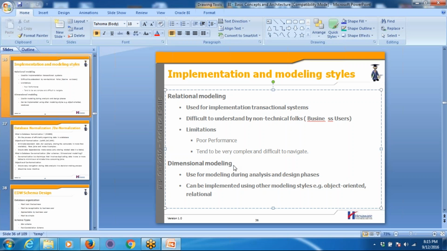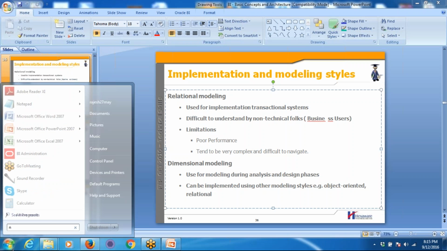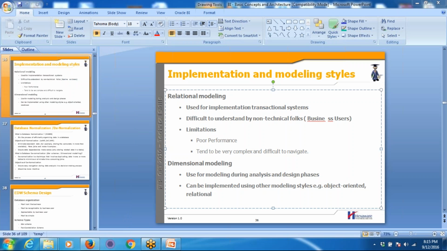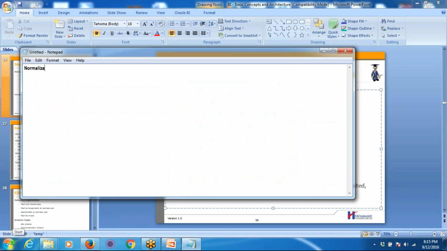And dimensional modeling is basically used for data warehouse creation. You said yesterday normalization and denormalization, right? In normalization, operational kind of systems will be used, right? Correct, this is operational.